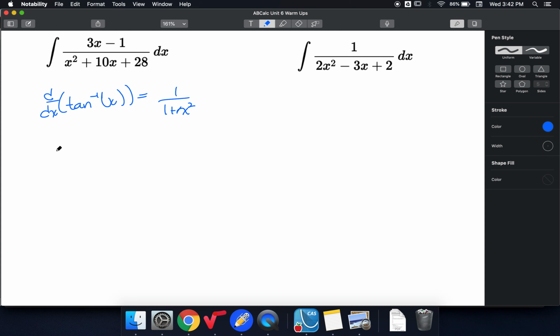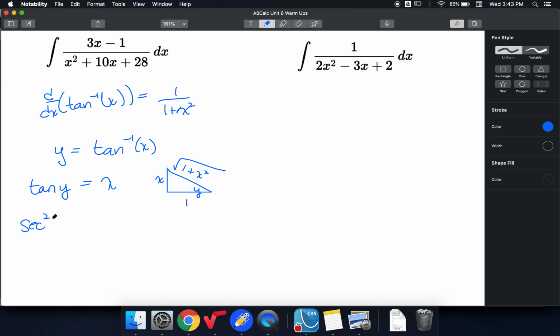That came from the idea that if I had some function y that was the arctan of x, then I could say that tan y was x, and that led me to a triangle with an angle of y, an opposite of x, an adjacent of 1, a hypotenuse of square root of 1 plus x squared. The derivative of tan is secant squared y dy.